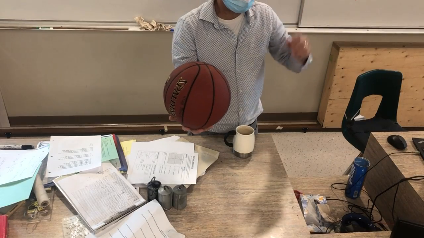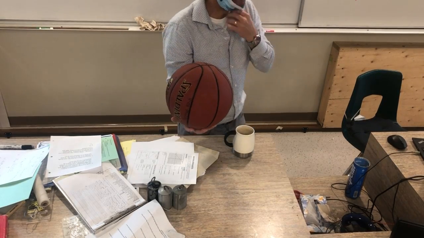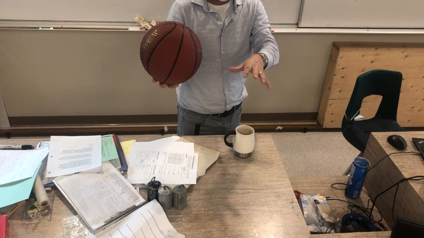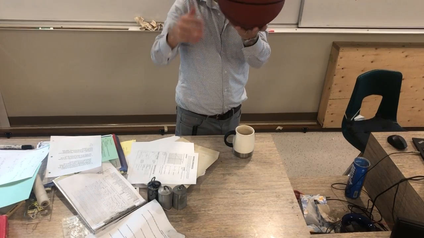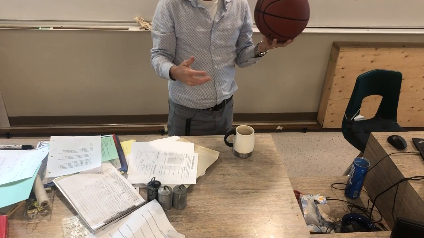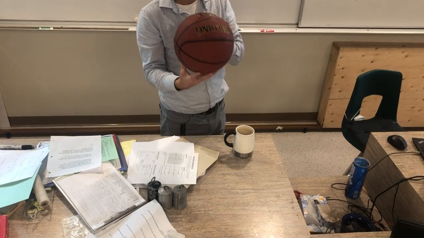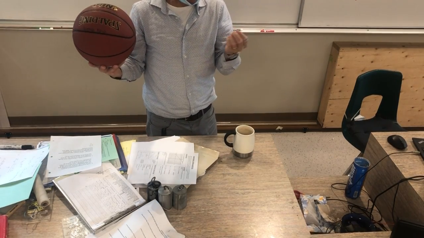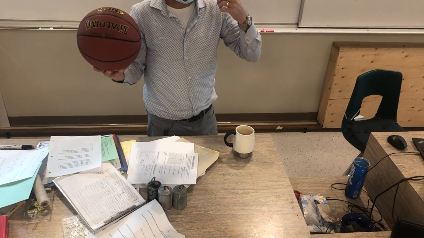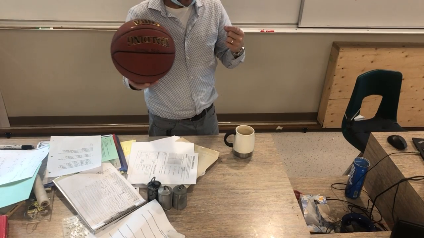Did it take any amount of time? If we did a slow-mo video, would we be able to see the ball contact the surface and leave? Yes. The ball is in contact with the surface for an amount of time. It looks like it's no time, but it does take some amount of time.